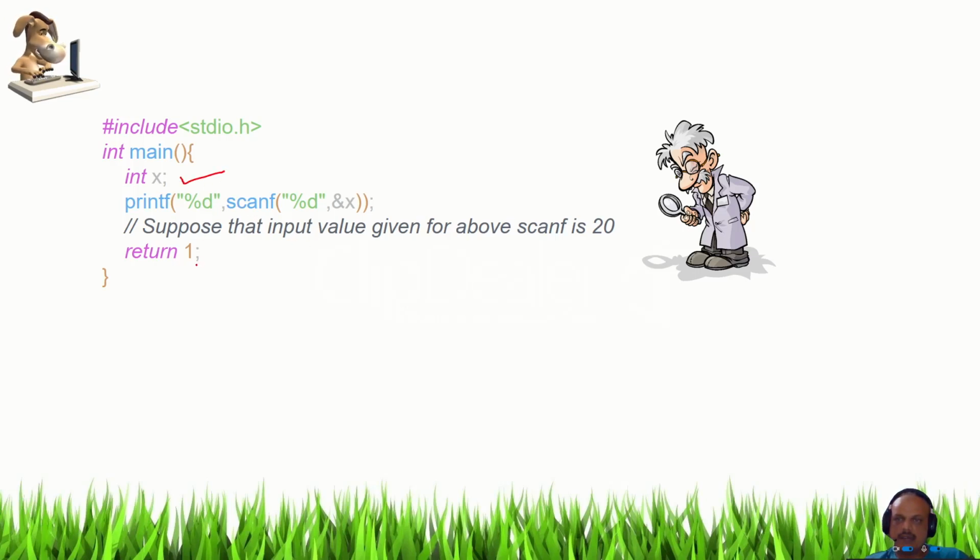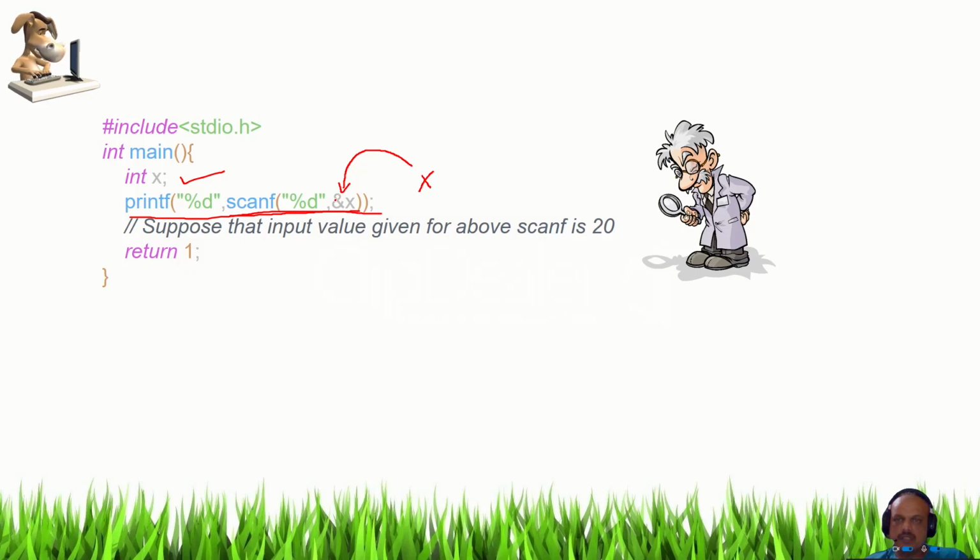Here I have declared a variable of type integer, and what am I doing out here? I am basically trying to input data into this integer variable and then print the output of the scanf function. So an integer variable has been declared, the input from the keyboard is scanned, and it is stored into this integer variable.